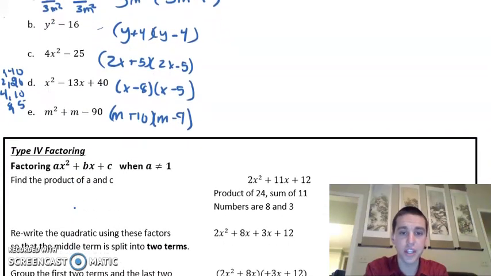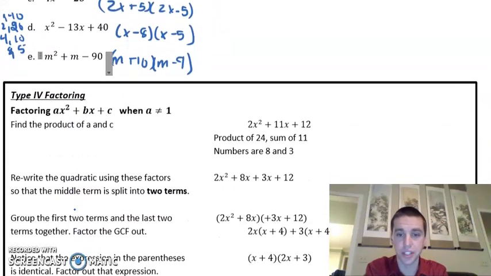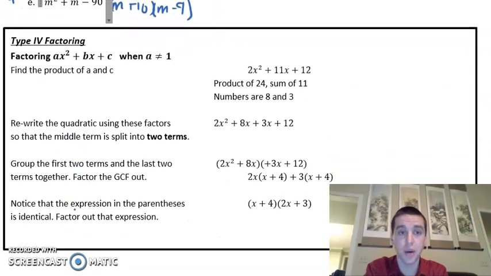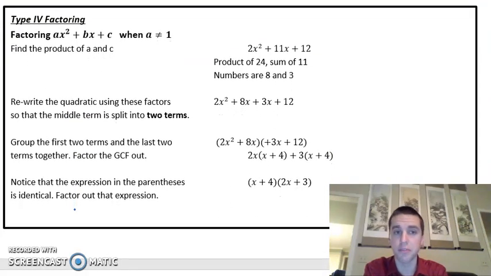The fourth way that you're going to learn how to factor, which is one way you do not know how to do, is type 4 factoring, which is when the a value, right here, is greater than 1. When you do this, you're going to take 2 times 12. You do a times c, product of 24.